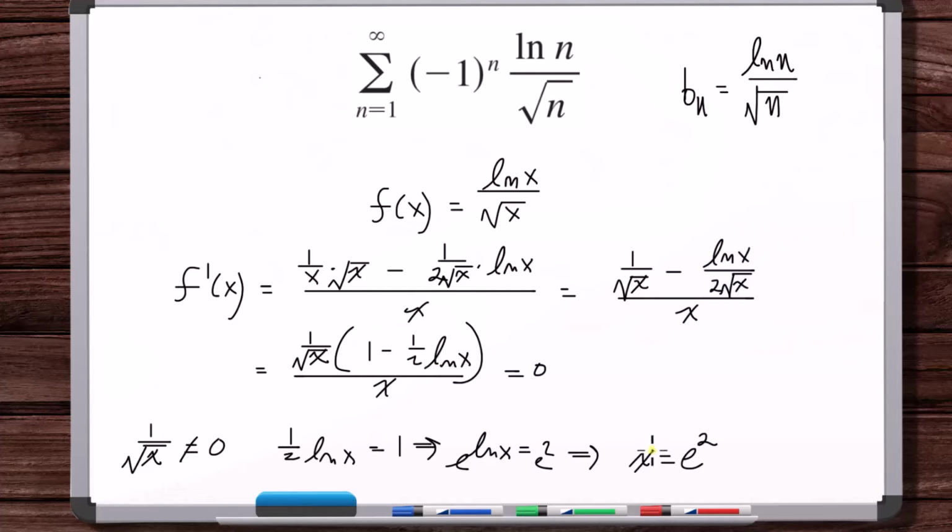Let's do e cubed. What is f prime of e cubed? The natural log of e cubed is 3.